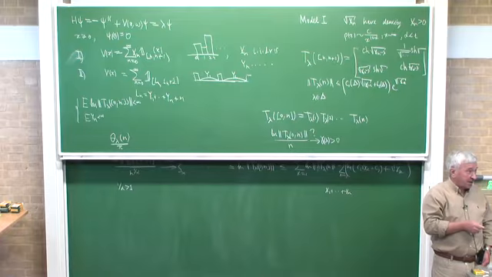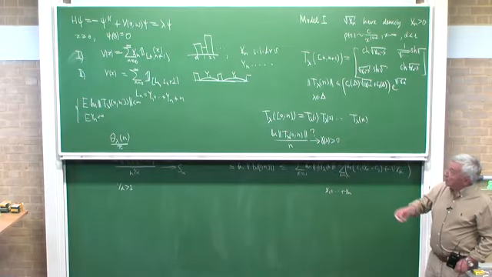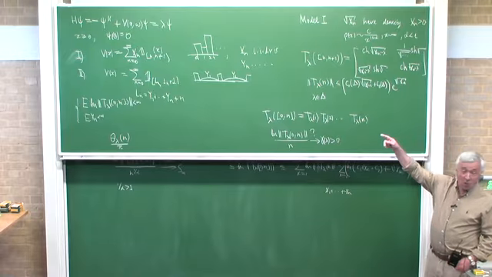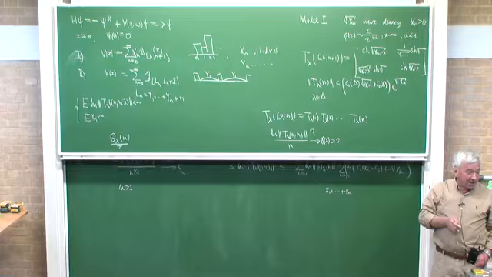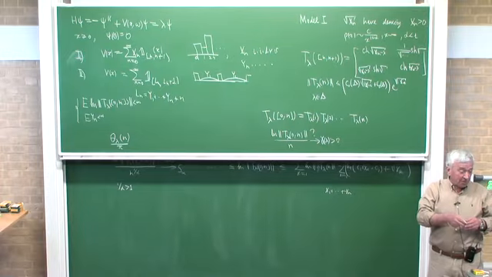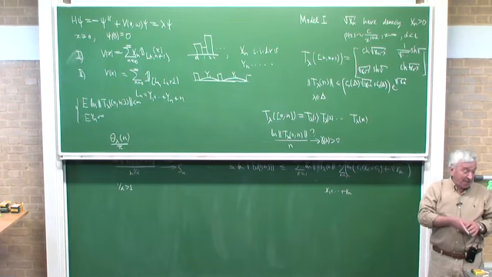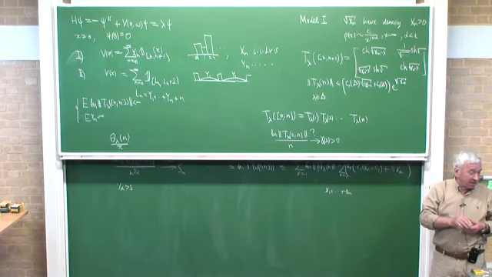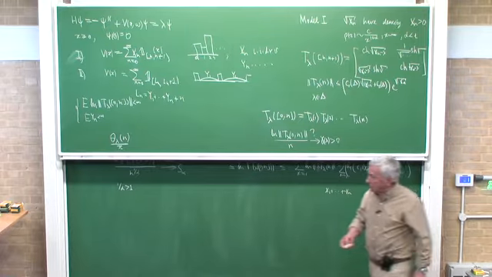This phase will rotate very slowly if we have high bumps, but for bumps of the typical size of order one, it will be random.